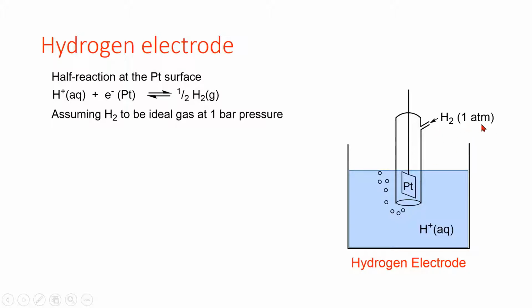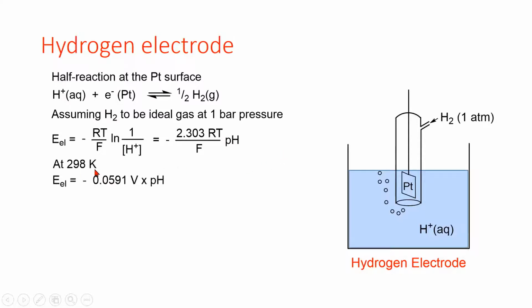Assuming hydrogen to be ideal gas at 1 atmosphere, we can write E electrode is equal to minus RT by F natural log 1 by H ion concentration is equal to minus 2.303 RT by F pH.